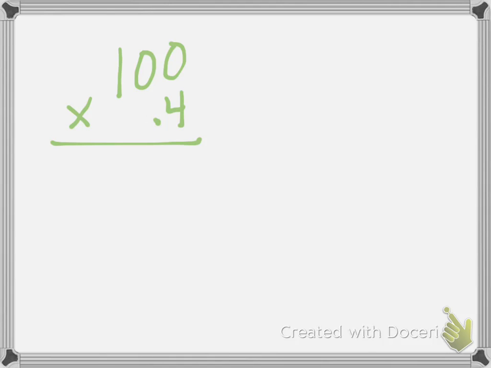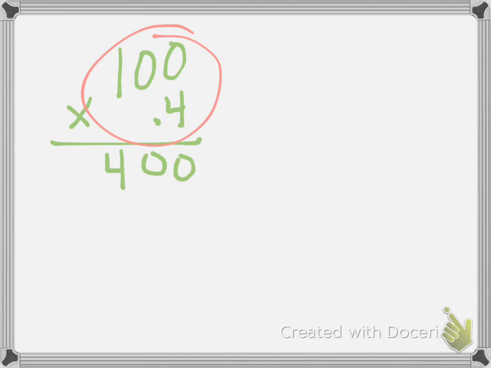Remember that when you multiply with decimals, you ignore your decimal until the very last step. Just put the longer number on top, this one has 3 digits so it's longer, and the shorter number on bottom, and line them up on the right. Ignore the decimal. Now I'm going to multiply out. 4 times 0 is 0. 4 times 0 is 0. 4 times 1 is 4, and my last step is to bring my decimal back in.